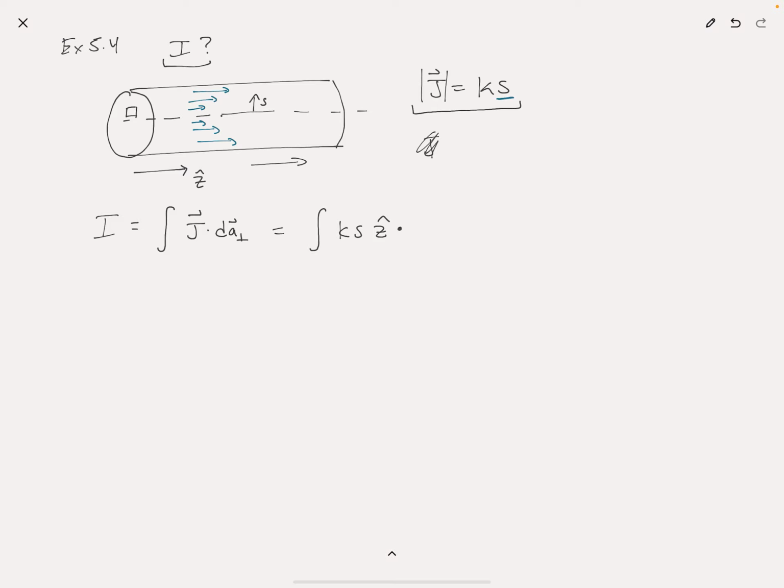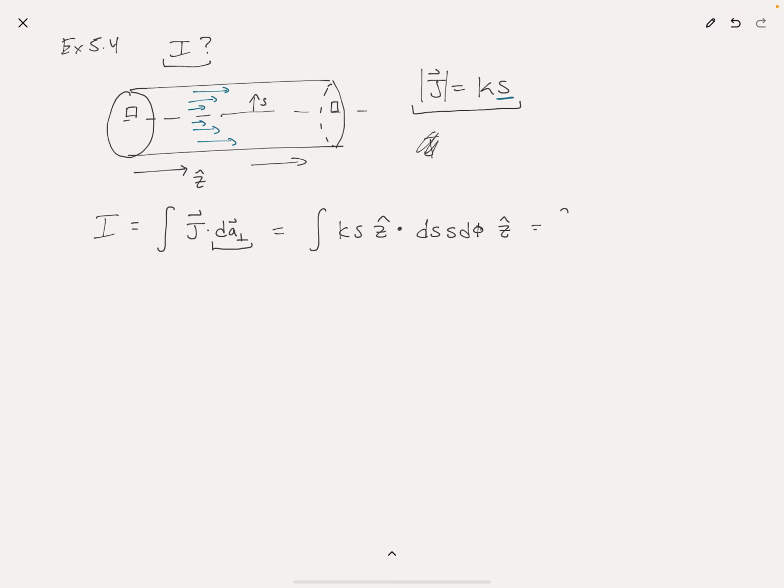If you build that correctly, that will be dS S d phi, also in the z hat direction. Usually these point outside of the object, but you can imagine doing the same here.